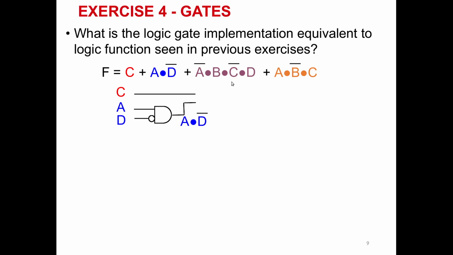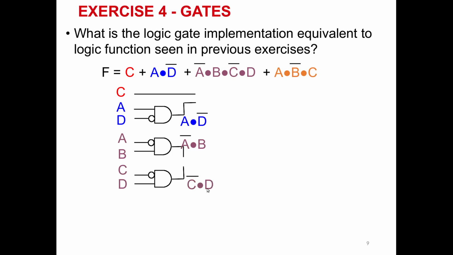So here we have not A and B, and at the end of this AND logic we will have not A and B, and here not C and D, and we have the output of not C and D. We AND those 2 values together, and at the end here we will have not A and B and not C and D.